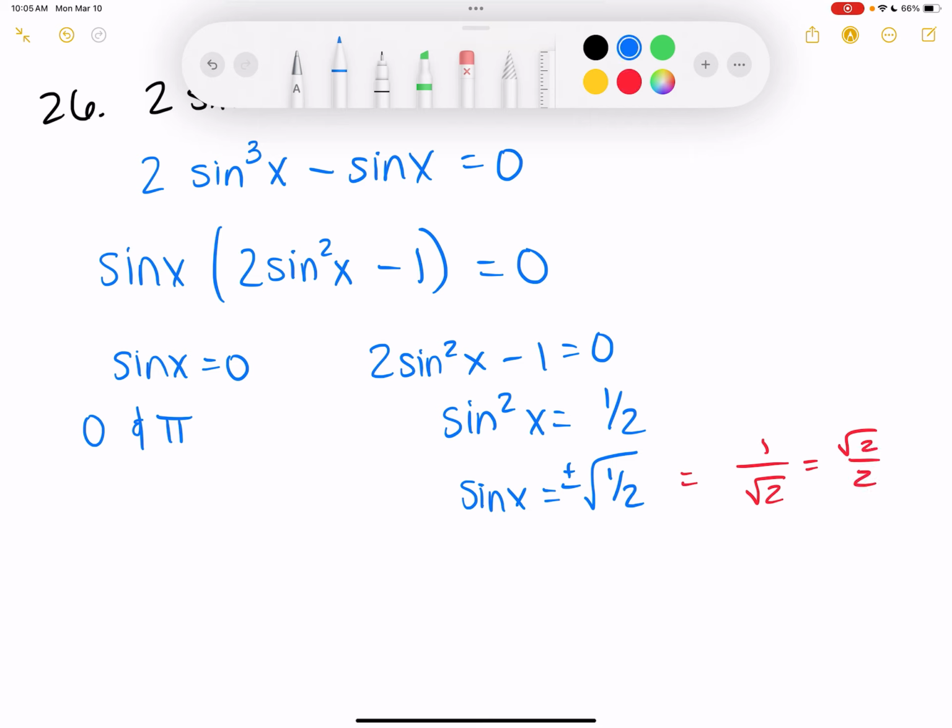So now I'm looking at sine of x equals plus or minus root 2 over 2. Where is sine positive or negative root 2 over 2? And these are general, so I only need the first time it occurs. Then it would be pi over 4, and where else?